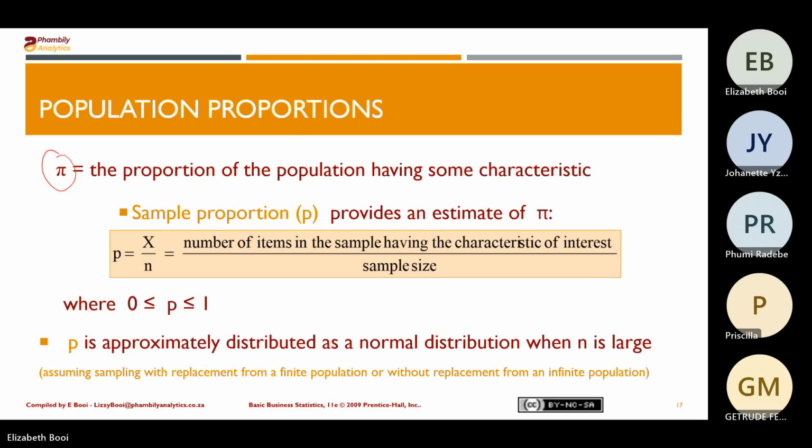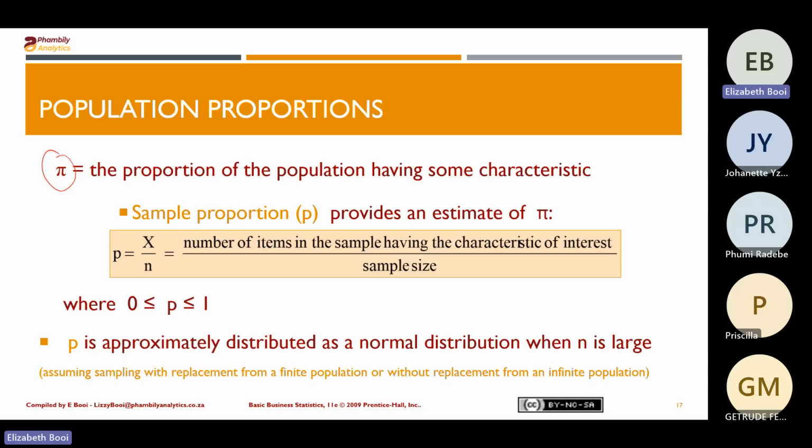Same as previously with the means, your sample proportion is approximately normally distributed when your sample size is large. So the larger your sample size becomes, the more your sampling distribution draws towards being normally distributed.